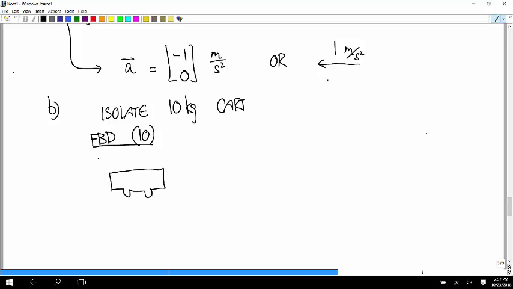There's the outline. The second thing we do is draw a downward weight force, and that's equal to the mass. What's the mass of our chosen object? 10 kilograms. 10 times 9.81 is 98.1 newtons.